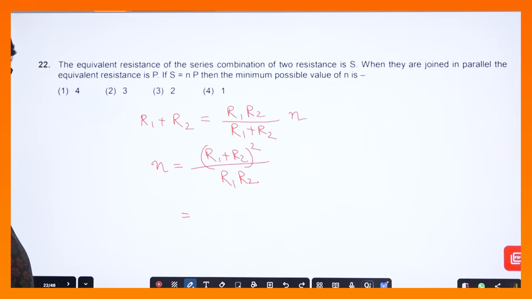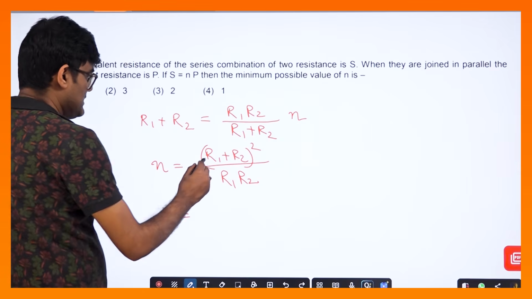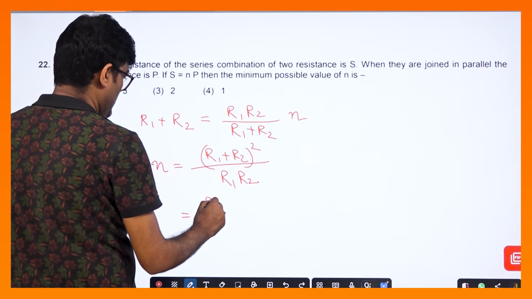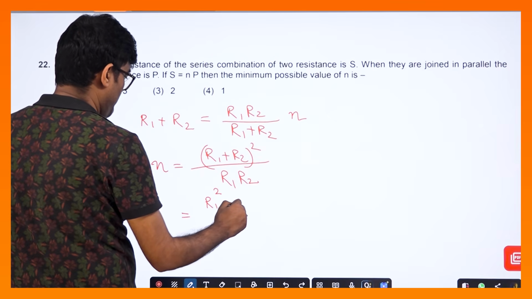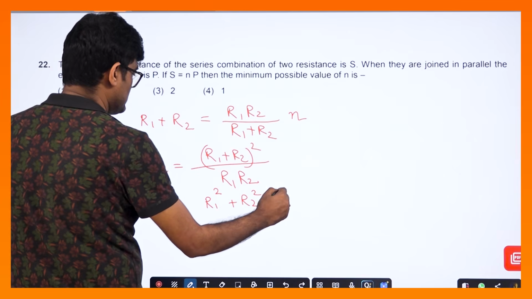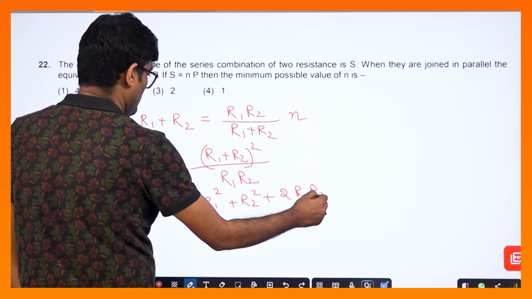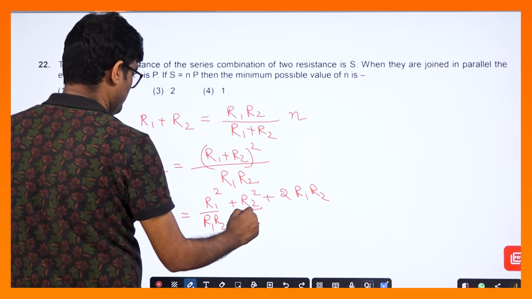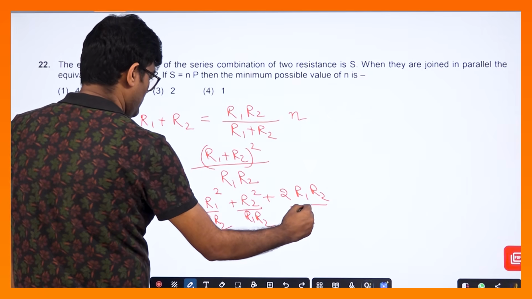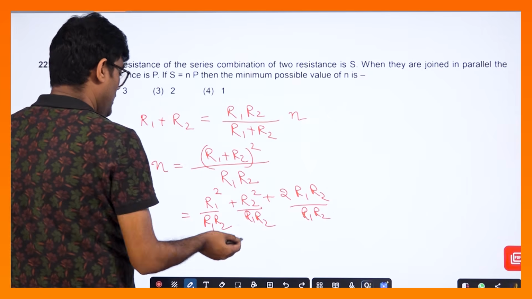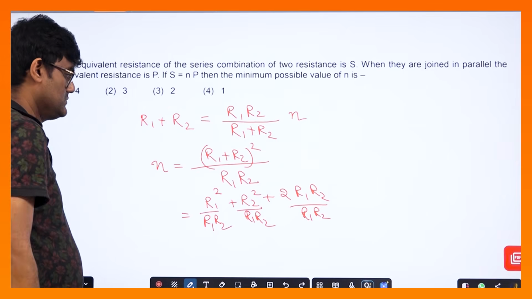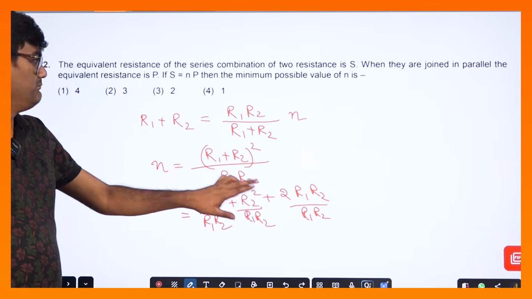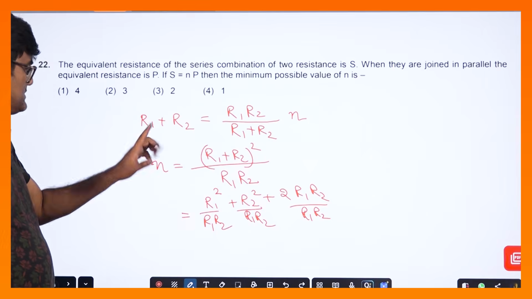Expanding, it is R1 square plus R2 square plus twice R1 R2 by R1 R2. Now all the quantities are positive, so this is plus 2, so minimum 2 is there.